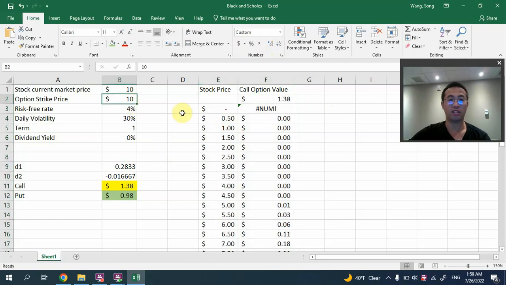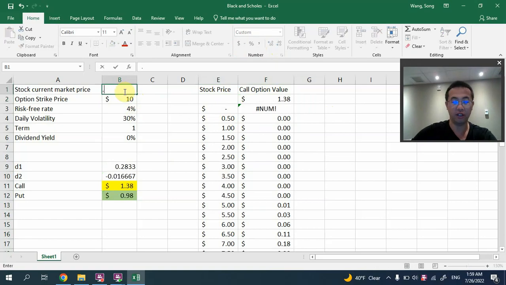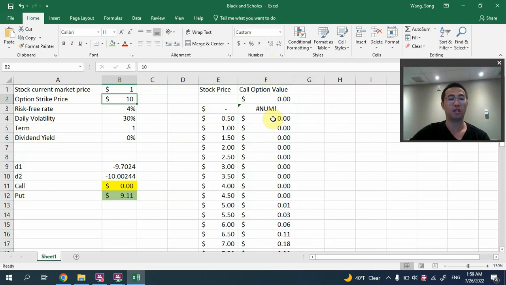When the stock price is zero, if I put zero there, then this doesn't make sense. If the stock price is 0.5, that means still the call option is worthless. Nobody would want to exercise it. If you exercise it, you basically are paying $10 and selling at half a dollar. Nobody wants to do it. So there's no use for this call option.